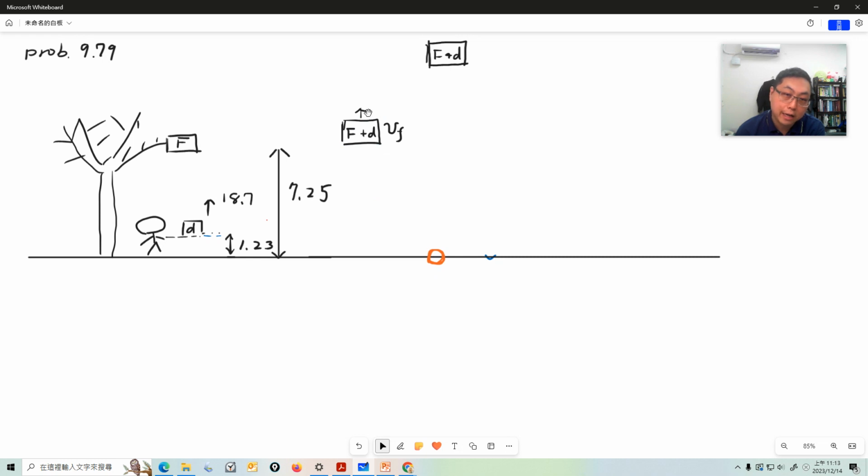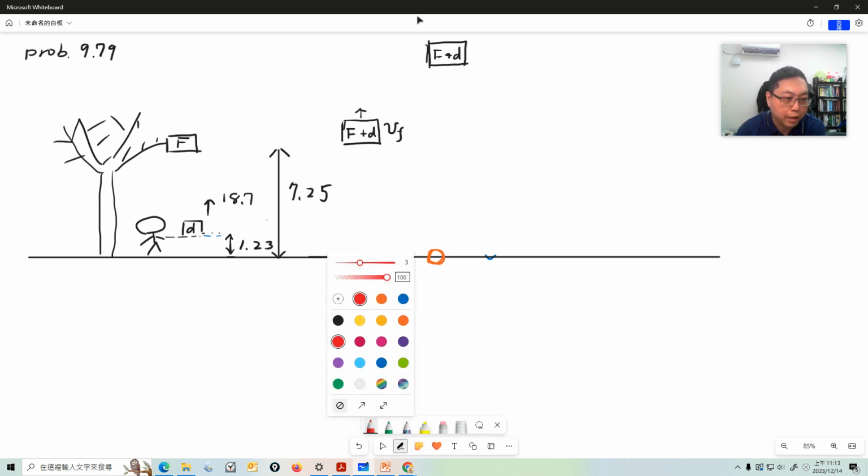After the inelastic collision, they have a velocity and move together to the maximum height, and at the maximum height the velocity will become zero.